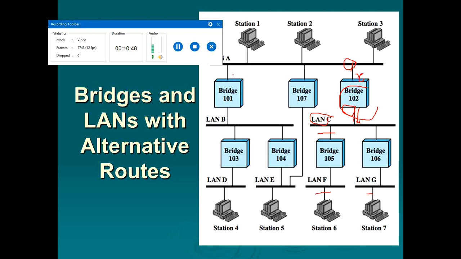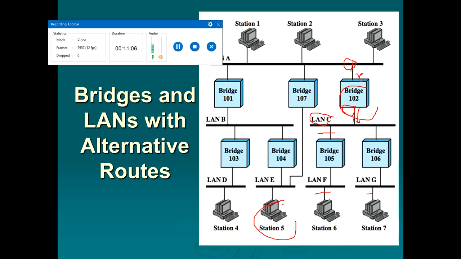Either it can send to bridge 101, then to LAN B, then to bridge 103, or to station 4, or directly it can use bridge 107 if it wants to send to station 5, for example.